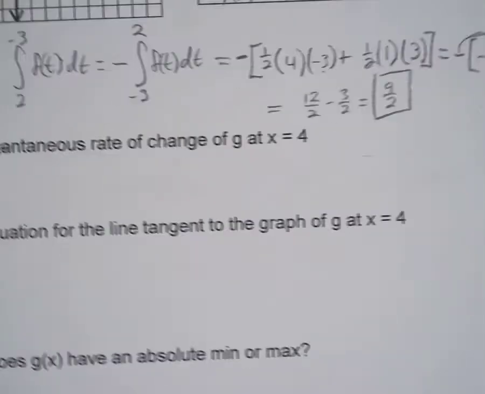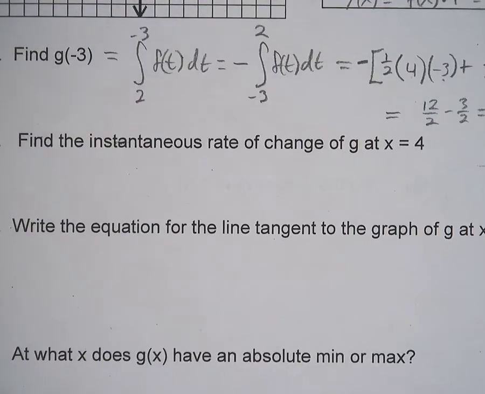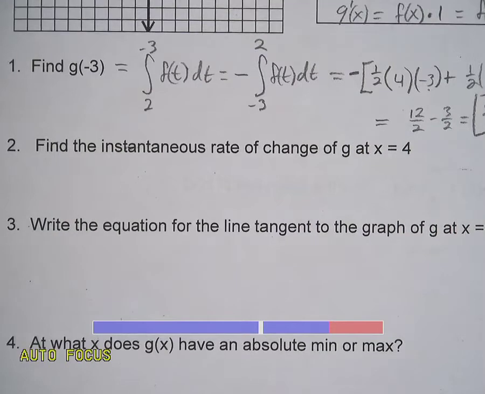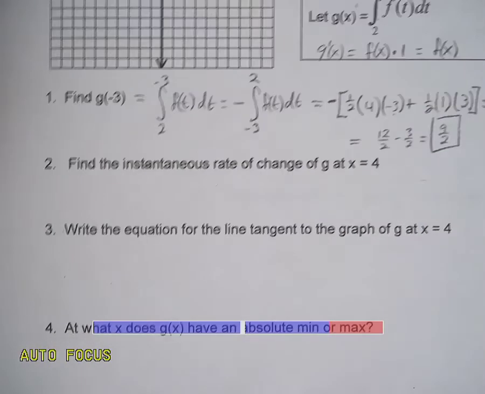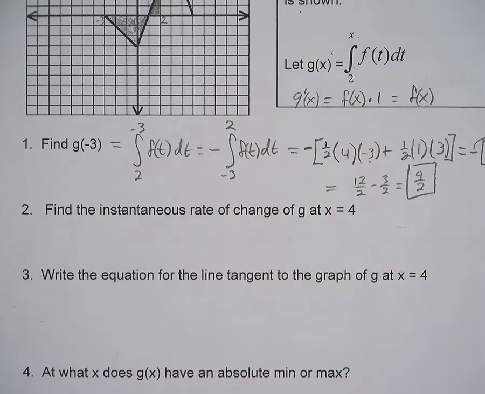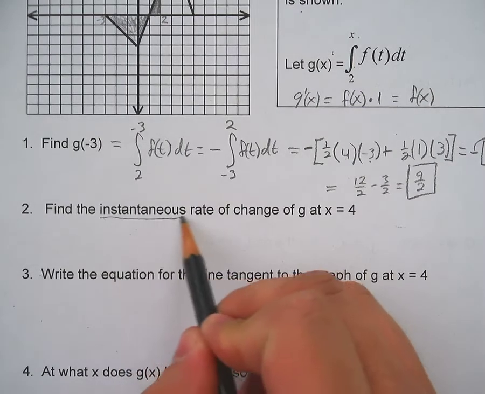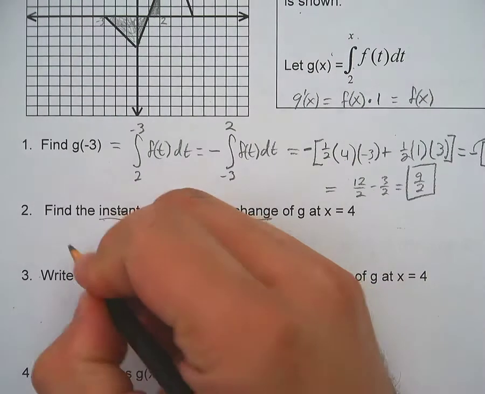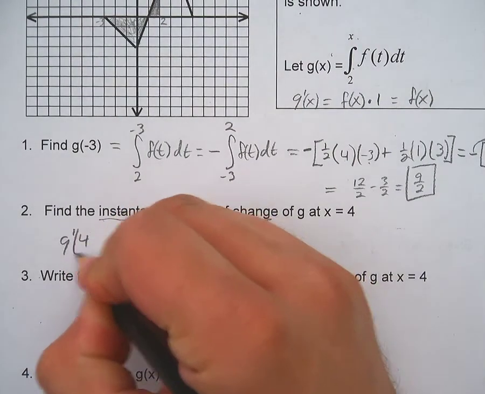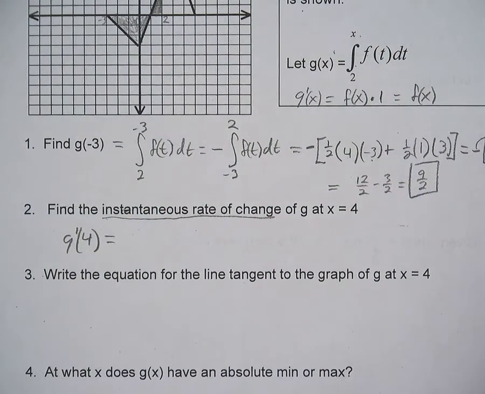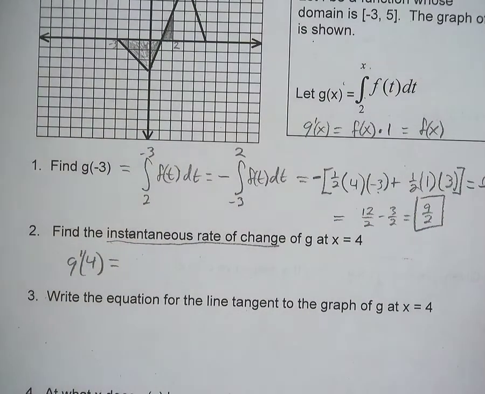Never again. Okay. Number 2 says find the instantaneous rate of change of G at x equals 4. Instantaneous rate of change. Did they just ask me to find G prime of 4? I think they did. Well, hang on.